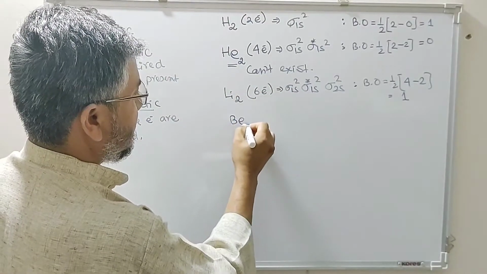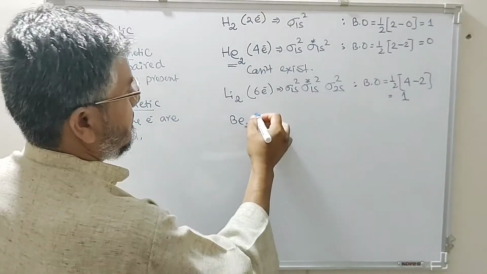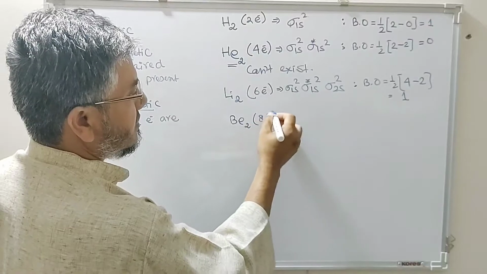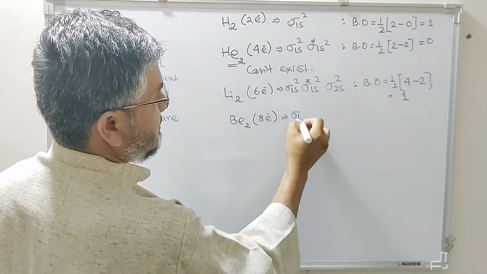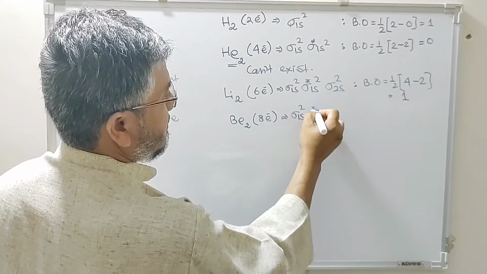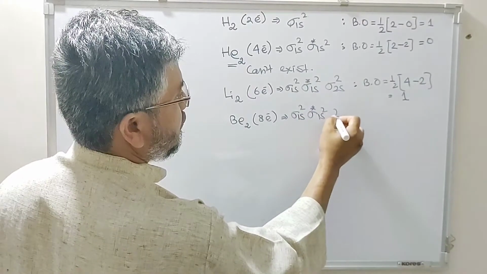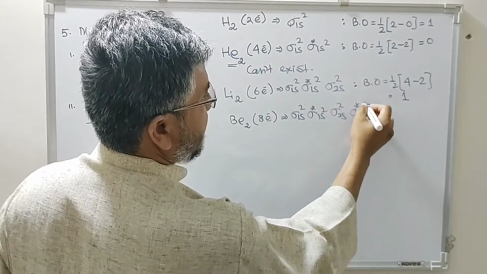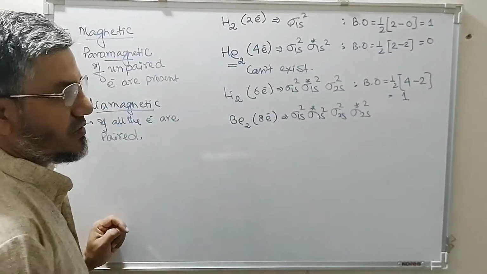Similarly take Be2. Atomic number is 4, 4 into 2, 8 electrons. We have sigma 1s2, sigma star 1s2, sigma 2s2, sigma star 2s2.